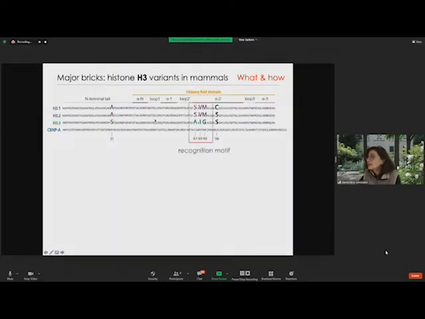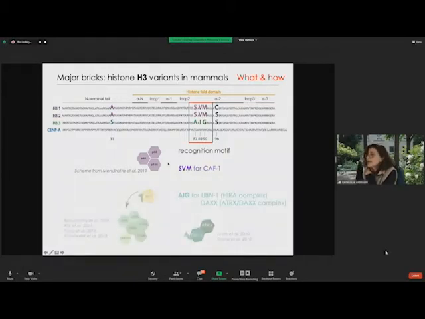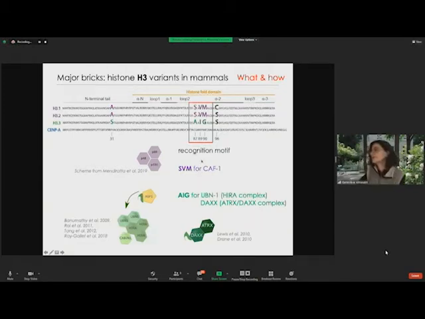What is quite interesting is that this motif in the histone fold is a recognition motif for the chaperones involved in their deposition. The SVM motif is key for CAF1 to deposit the replicative variant. The AIG motif is key for recognition by UBN1, a subunit of the HIRA complex, and DAXX, which is part of the ATRX-DAXX complex. So basically, a key difference between the variants is their mode of deposition.